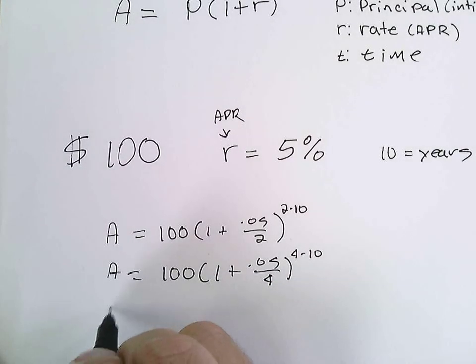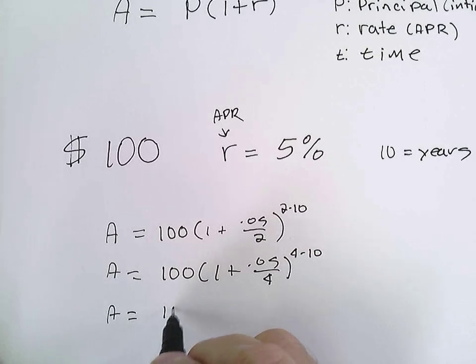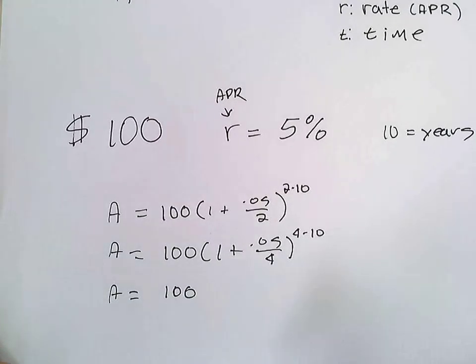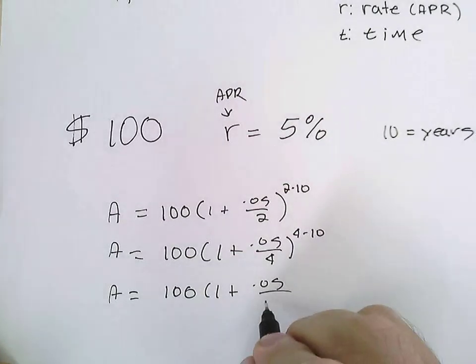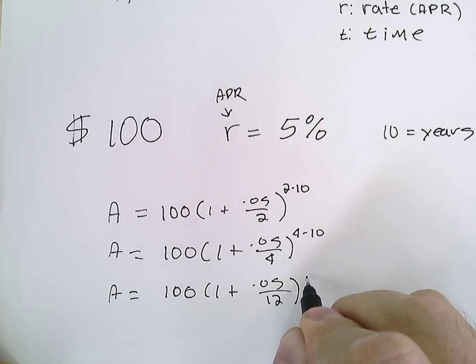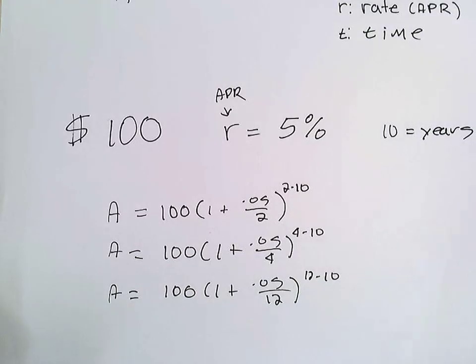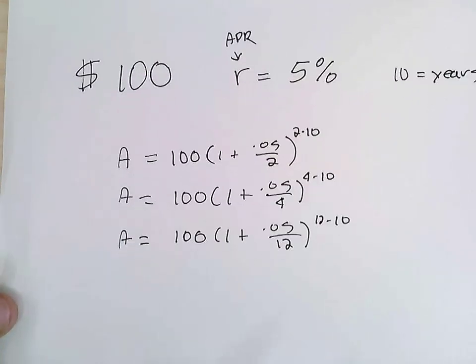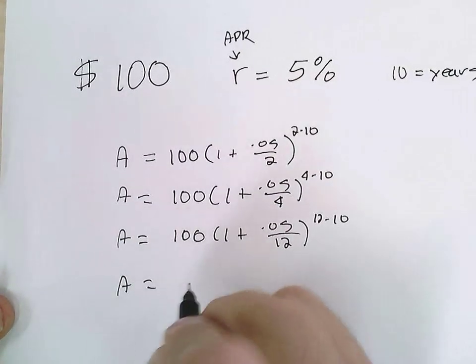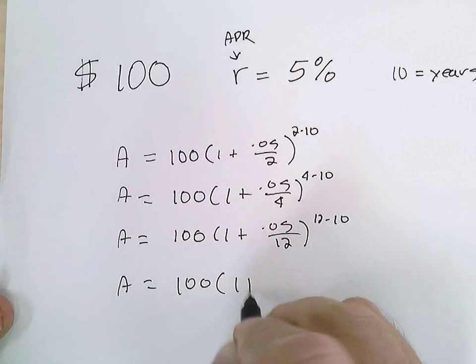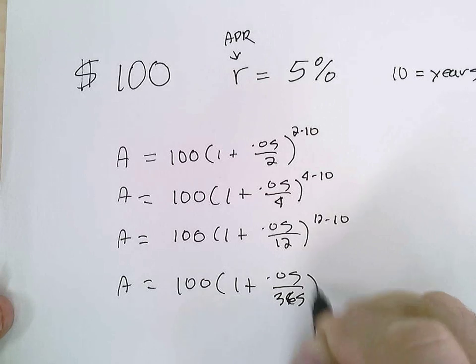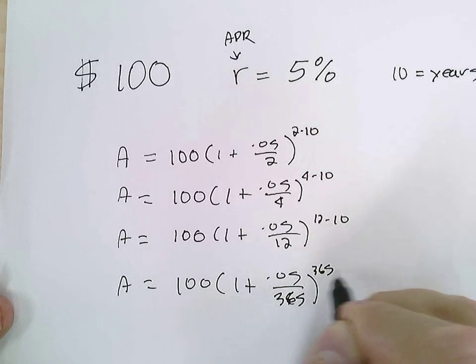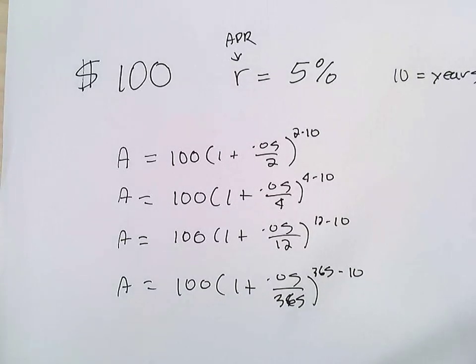And then I can do monthly, and I'd go 100, 1 plus 0.05 over 12, since there are 12 months in a year, and then 12 times 10. And even daily, I can go A is equal to 100, 1 plus 0.05 over 365, and 365 times 10. This is compound interest.